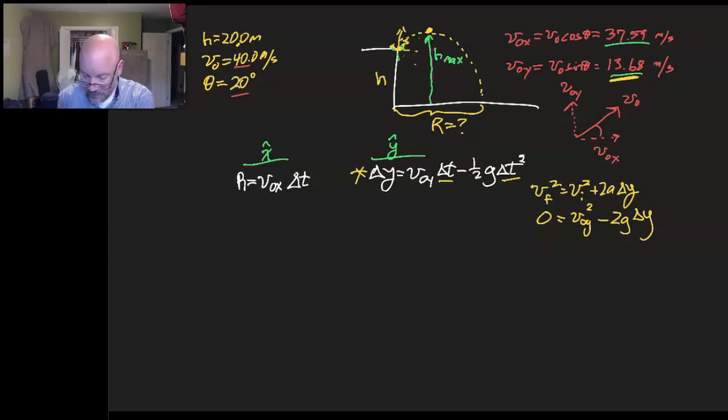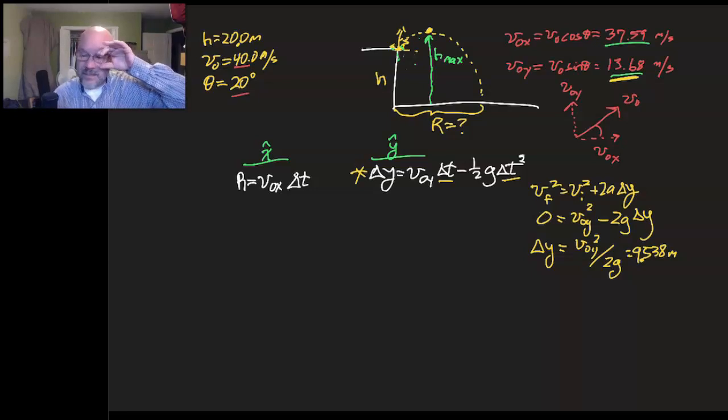My delta Y is going to become V naught Y squared divided by 2G. Once I plug in all my numbers there, what I get for my delta Y turns out to be 9.538 meters. Again, hanging on to an extra decimal place there.